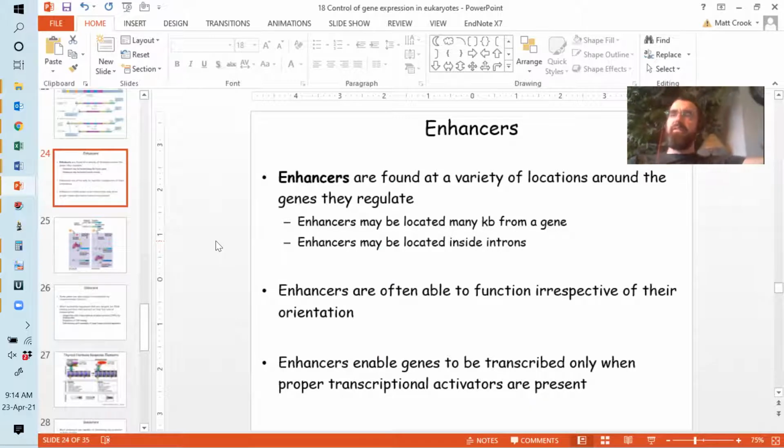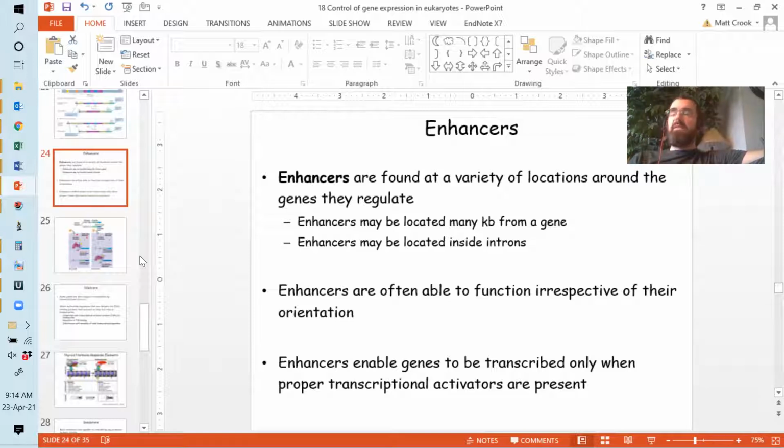Now these enhancers, these fall under response elements as well, to a large extent. These really are what determine the cell specificity, and essentially the extra bells and whistles of that gene.